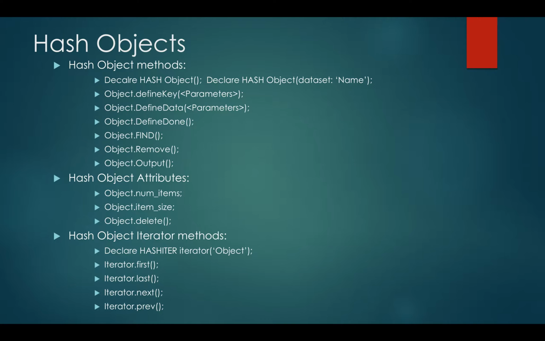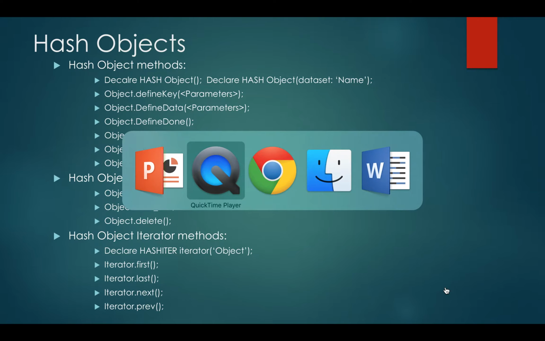And we have some iterator methods: first to declare the iterator, then retrieving the first record of the hash object, retrieving the last one, the next one from the current pointer, and the previous one from the current pointer. We are going to see all these objects, methods, iterator, and number of items attribute in today's session. Let's get started.